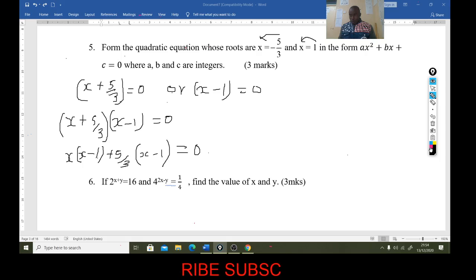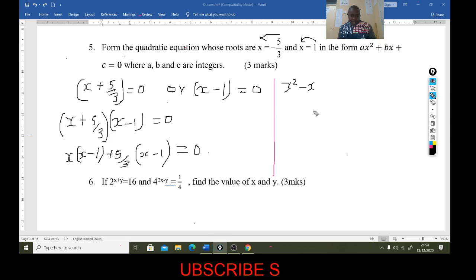Now I expand this. I open the brackets. If I open the brackets, I will have x times x gives you x squared. X times negative 1 would be minus x.